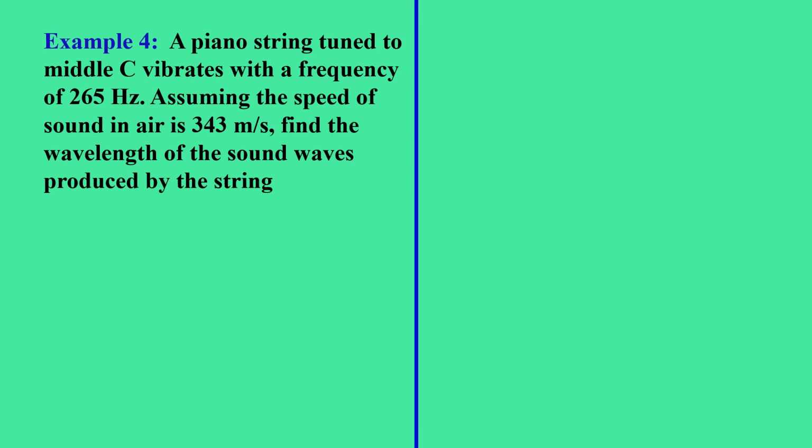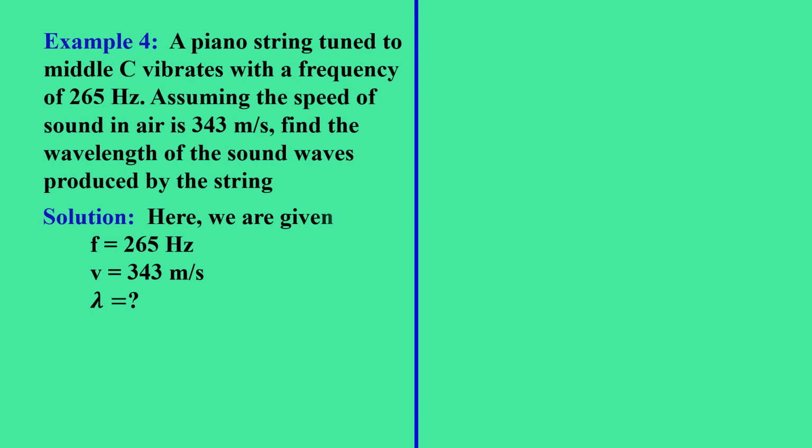Example number 4. A piano string tuned to middle C vibrates with a frequency of 265 Hz. Assuming the speed of sound in air is 343 meters per second, find the wavelength of the sound waves produced by the string. Here we are given the frequency, 265 Hz.